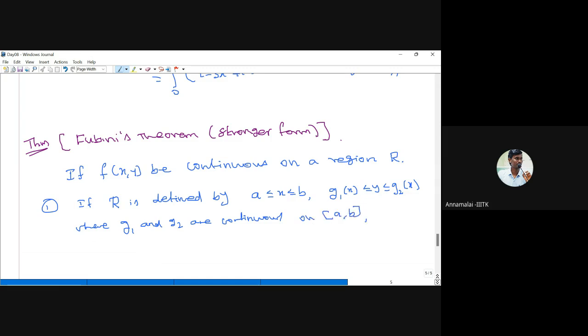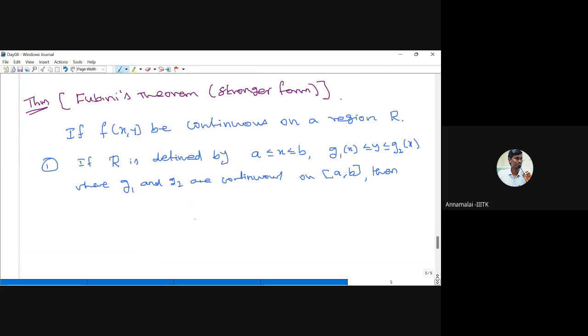Then what is the volume? The double integral over R of f of x comma y dA is nothing but the integral from a to b of the integral from g1 of x to g2 of x.